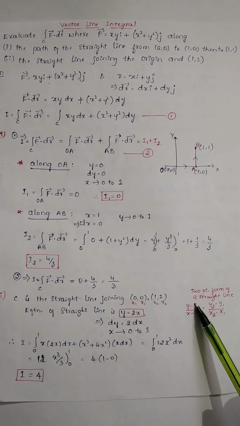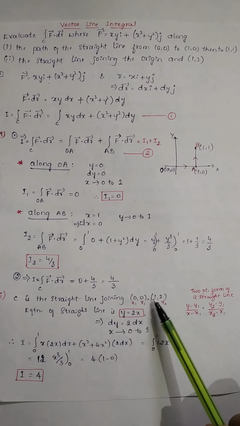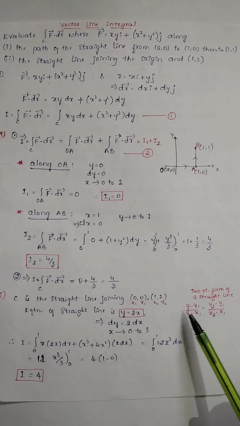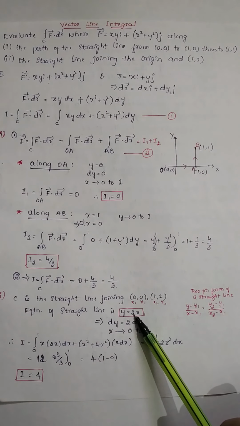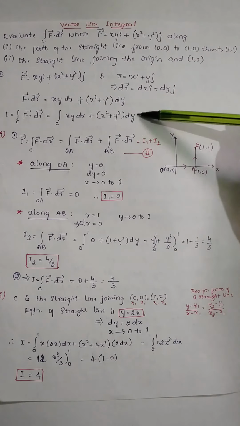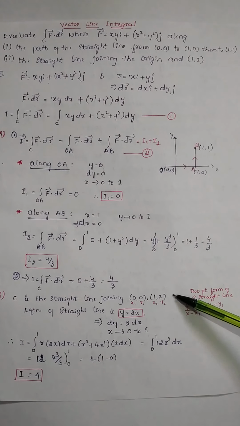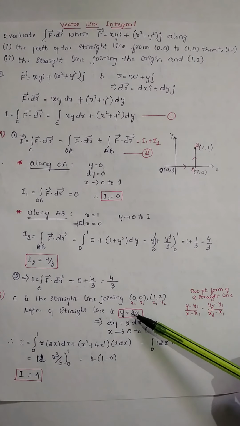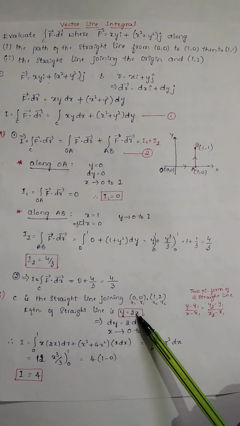By using the two-point form of a straight line, if you substitute x1, y1, x2, y2 in the formula, you will get y is equal to 2x. You already know we need to convert this expression to a single variable, so for that reason this condition is given. We have obtained y is equal to 2x, and now we find dy. dy is equal to 2 dx.